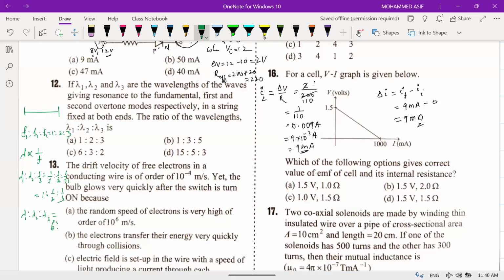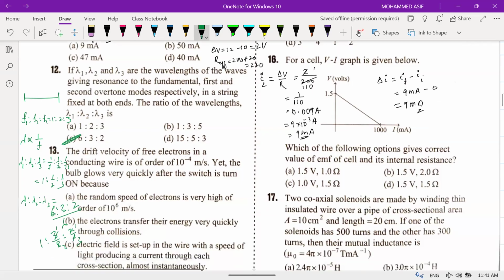It will be 6 : 3 : 2. See, if I divide it by 6, 6 is a 1, then 3 by 6, then 2 by 6. So it is 1 : 1 by 2 : 1 by 3. So the answer will be 6 : 3 : 2. Done? Yes. Sure.